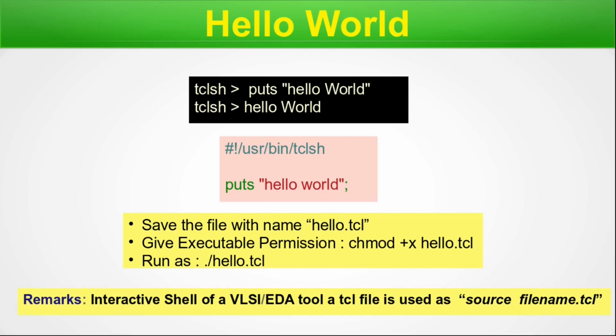Basic Tcl can be scripted using the #! /usr/bin/tclsh, but the APIs that come from your VLSI EDA tool will be interpreted by that tool's particular shell. So you can consult the manual on how you can directly use it in a scripted format. Okay, so that is up to the manual, but for this particular series, learning the basic Tcl, you can use it in this fashion. We are done with this particular section.